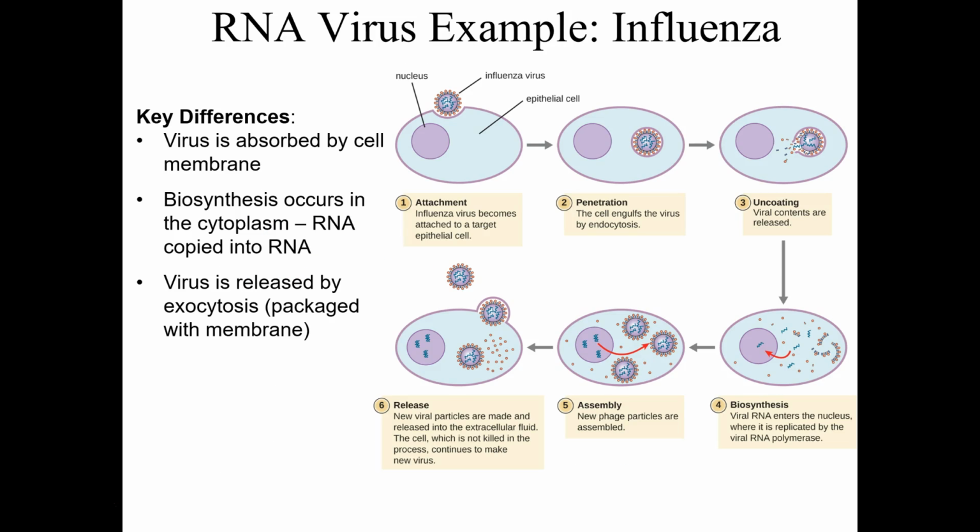Okay, so just a couple of quick examples of animal viruses to show you how they differ from bacteriophages. The first one I got, influenza. So, the flu. Instead of carving their way into your cells, flu viral particles have to be packaged up by your cells.